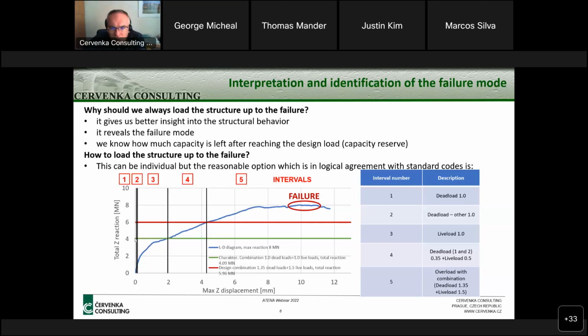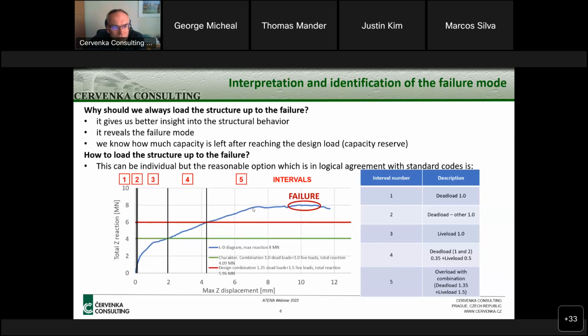So for instance, this interval 4, this level 4, this green line, would correspond to the characteristic load combination where everything is with the factor 1. And then this red line would correspond to the design combination.